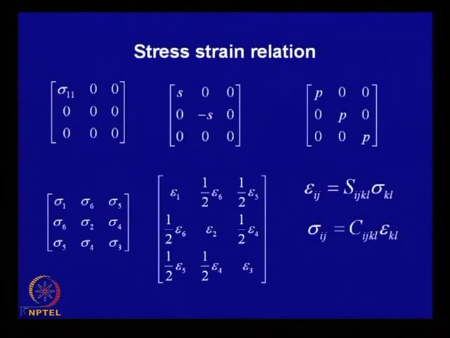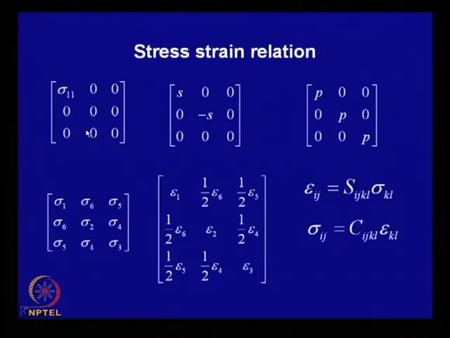Now, let us look at a few very common states of stress. Like when you do a tensile test, you subject the specimen to uniaxial loading. You have stress only in one direction, that is sigma 1, and the rest of the components are 0.